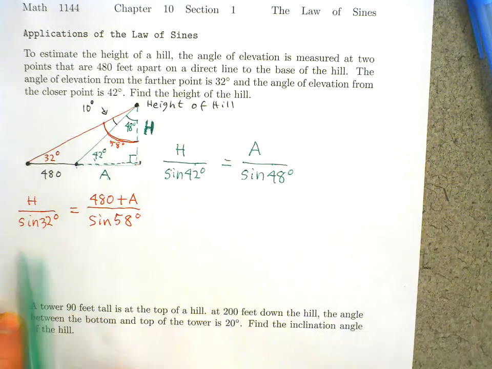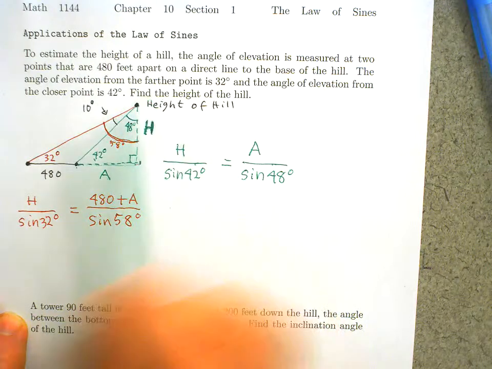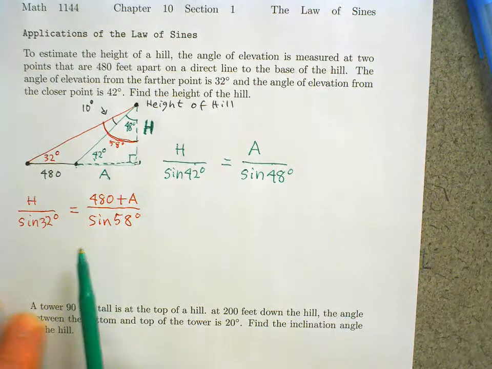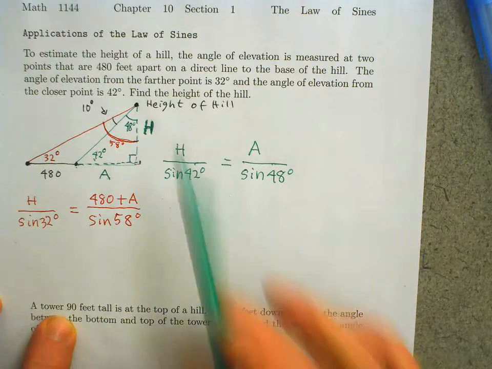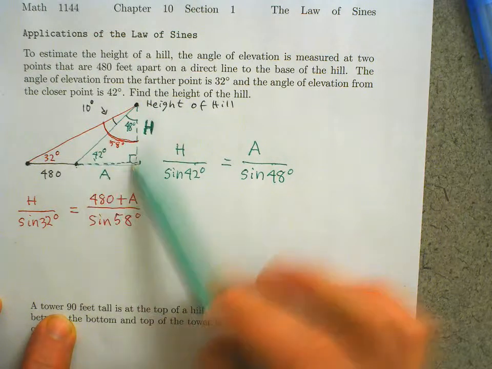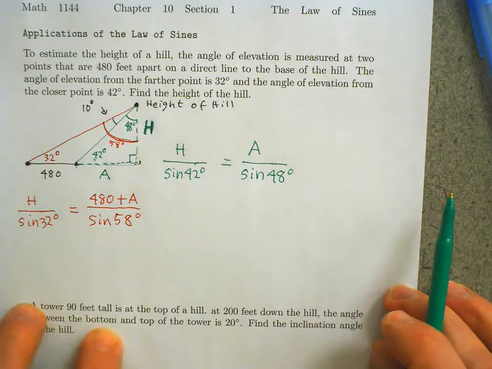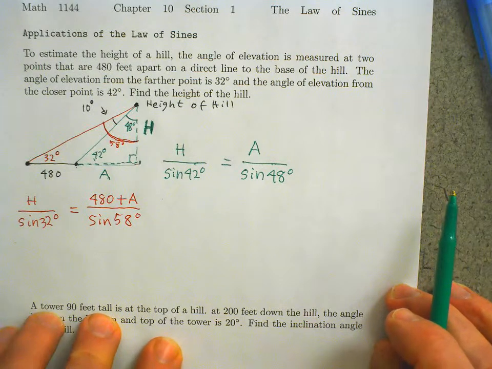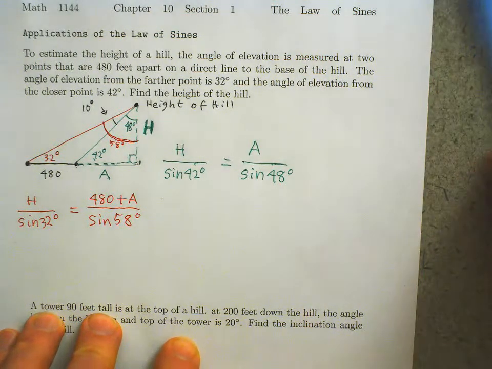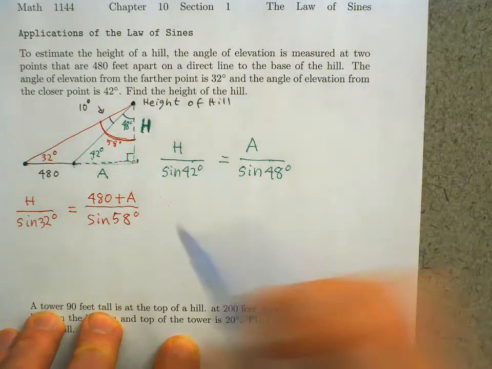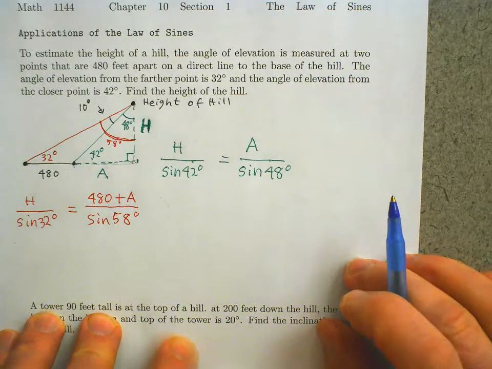So this first equation came from the big right triangle using the law of sines, and this equation came from the smaller right triangle, also using the law of sines. Okay, so there's probably not enough space to do all of the work.